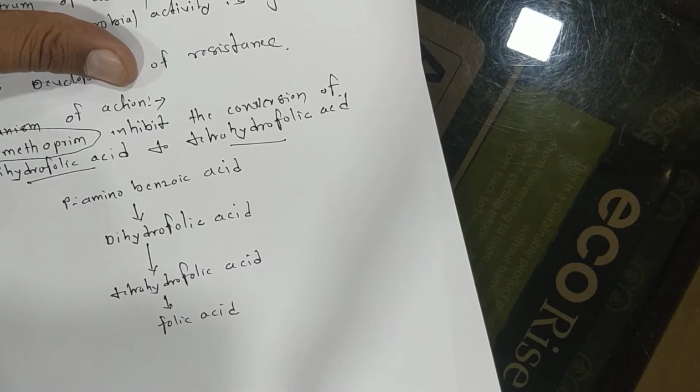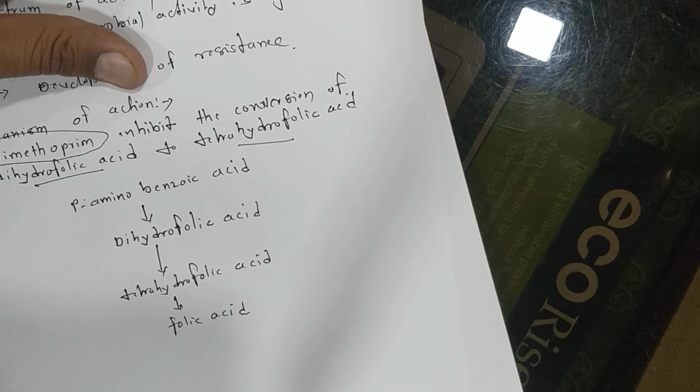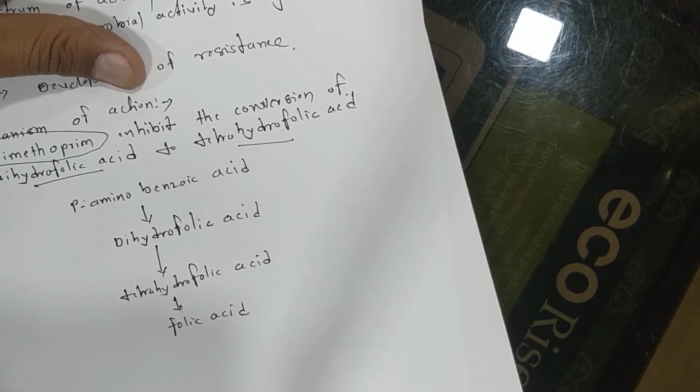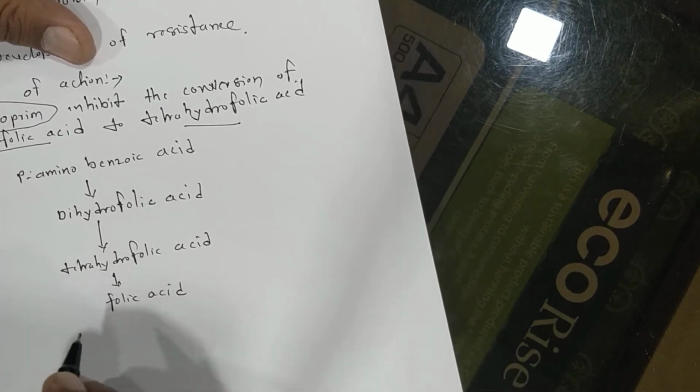Now see the mechanism of action of sulfonamides. Sulfonamides compete with PABA, hence it blocks folic acid synthesis.